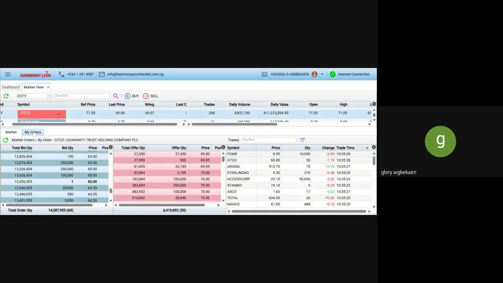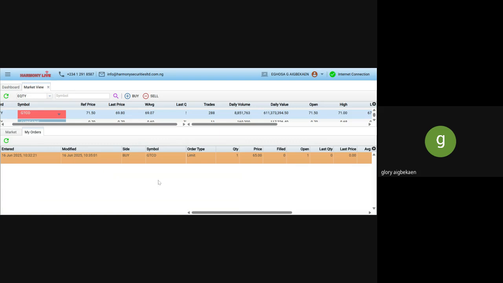But I don't want to buy. I'm just doing this for the purpose of training. So let's cancel the order. I can come here and click on this X sign in red, which is cancel.